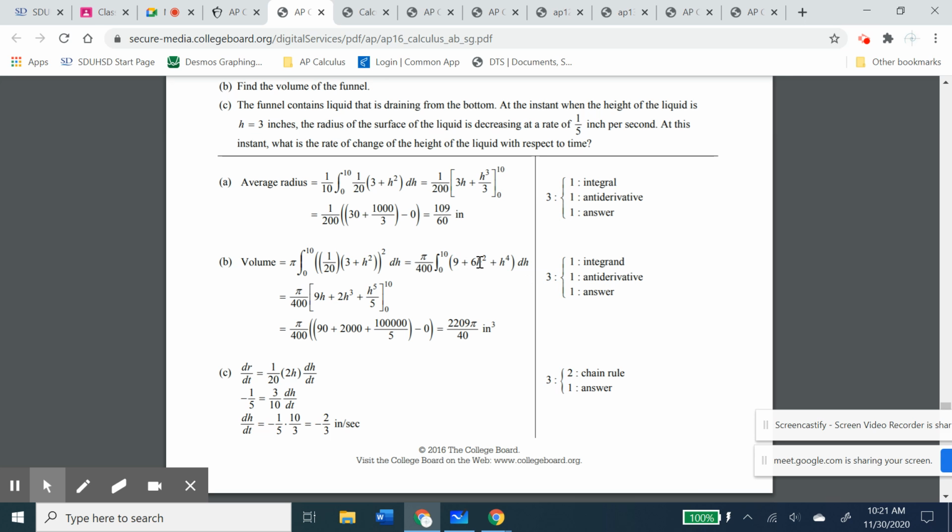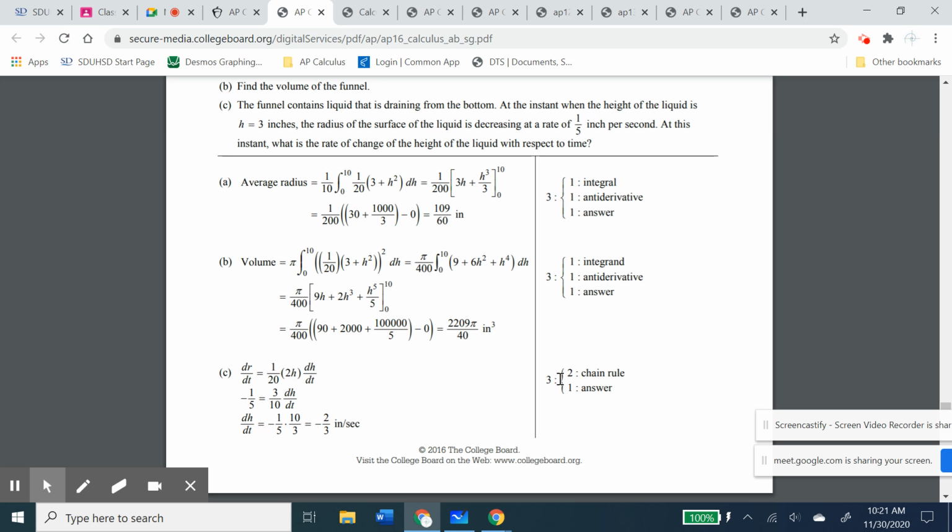The antiderivative, so basically this right here, and then the final answer. And again, they didn't say you had to put in the units, and you can stop over here before doing the arithmetic if you want. In fact, I'd advise it.